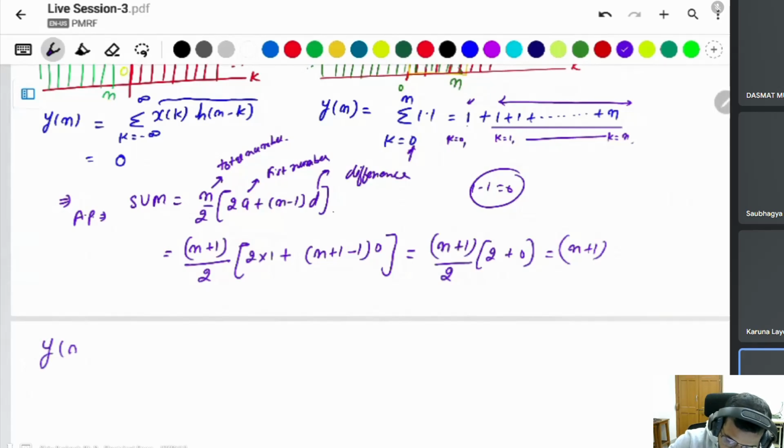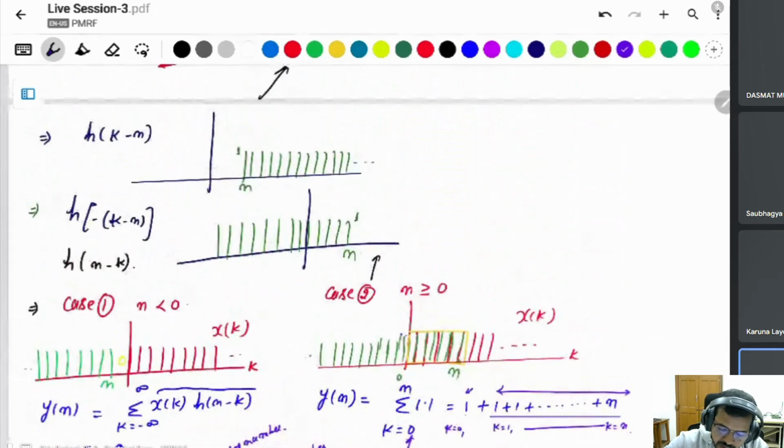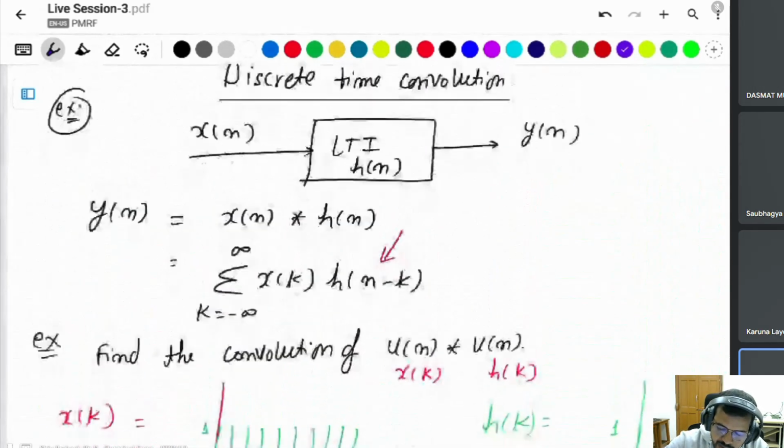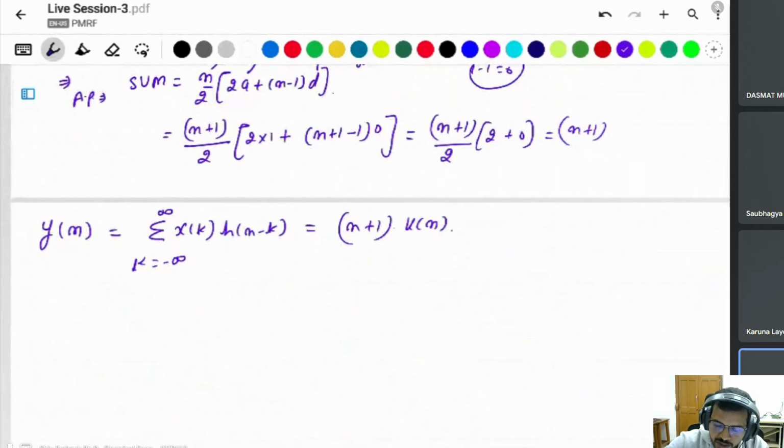Then you can say yn is equal to summation of k is equal to minus infinity to infinity of xk hn minus k, which is equal to n plus 1 into un, because there is a convolution between un and un, the signal is only present for n more than 0, not less than 0, that's why un has to be multiplied.